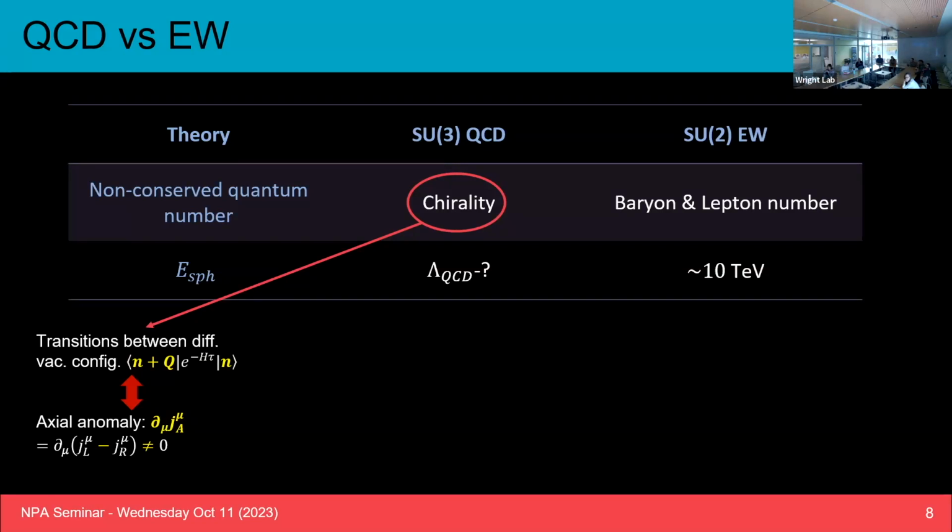If you do the calculation, you will see its form is the same as the axial anomaly. The axial anomaly takes a bit more time to explain; it is a quantum anomaly in the triangle diagram, which is related to chirality imbalance. So basically, what I want to say is that with the transition in the ground state, you can connect to this chirality imbalance.